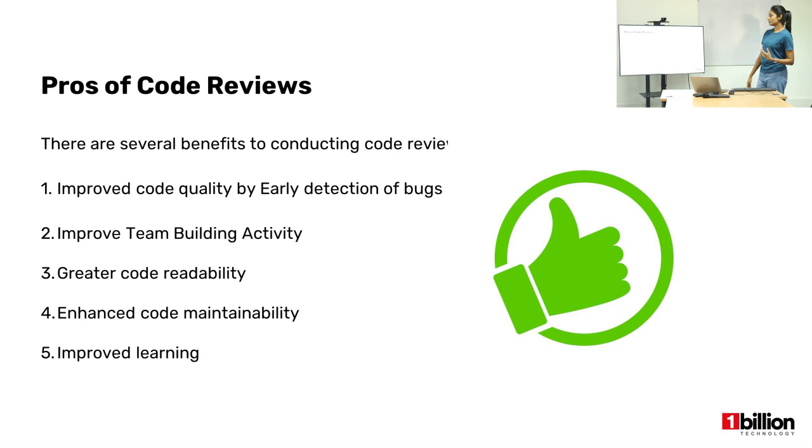And this is a very important topic. So now I'm going to explain the benefits of code review, starting with improved code quality. Code review is a very important way to improve code quality by early detection of bugs.